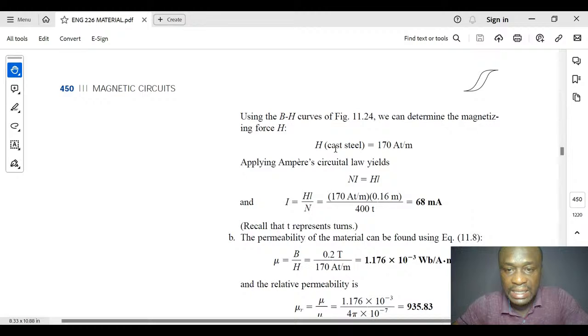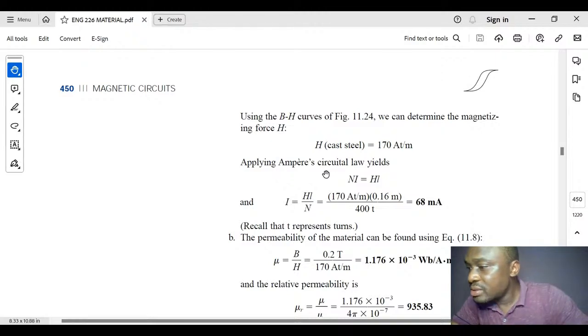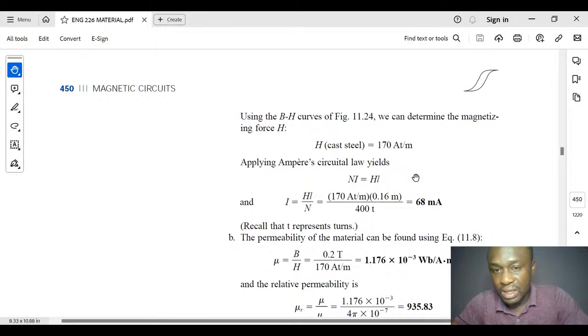And H, because it's cast steel, is equal to 170 A per meter. So applying the Ampere circuital law, we yield that Ni is equal to H times L. And remember that Ni is equal to force.